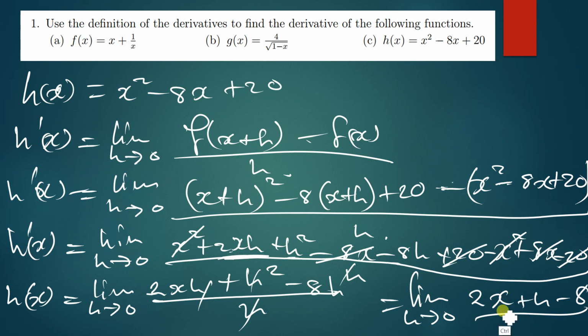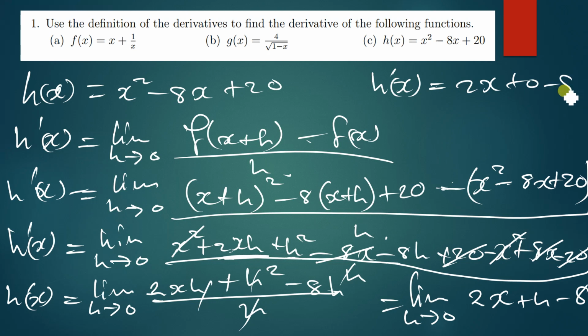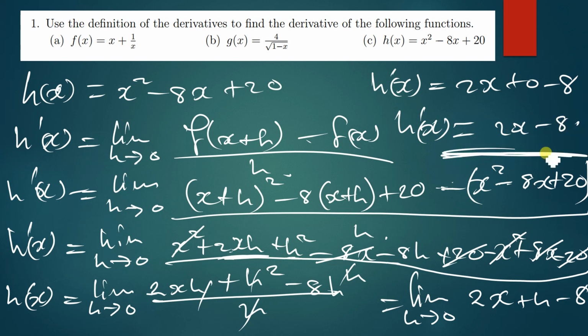The h has been cancelled, so where there's h, we put 0 in this expression. So our h prime of x will be equal to 2x plus 0 minus 8. So our h prime of x is therefore going to be equal to 2x minus 8 as the solution. So this is the final answer.